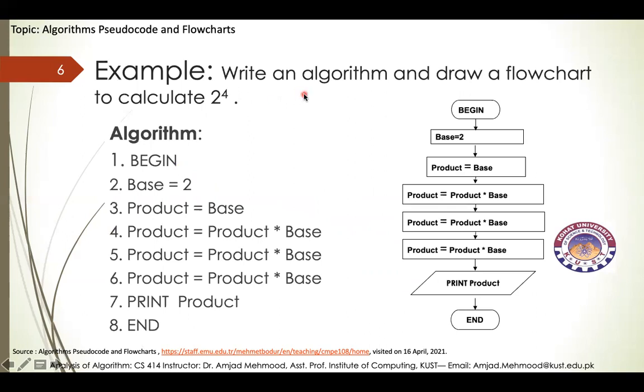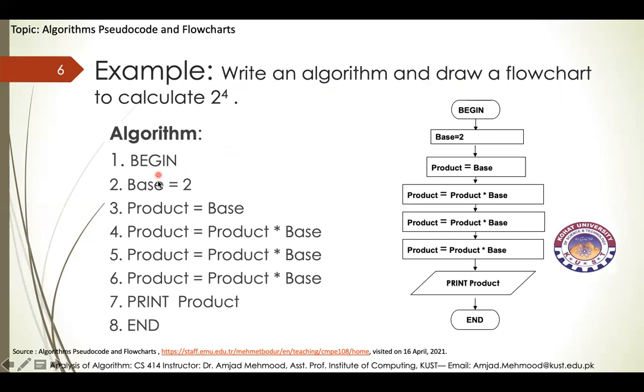Now let's try to understand the advantage of using a loop. If you do not use a loop, what can we face? Here you are being asked to write an algorithm and draw a flow chart to calculate 2 raised to power 4.